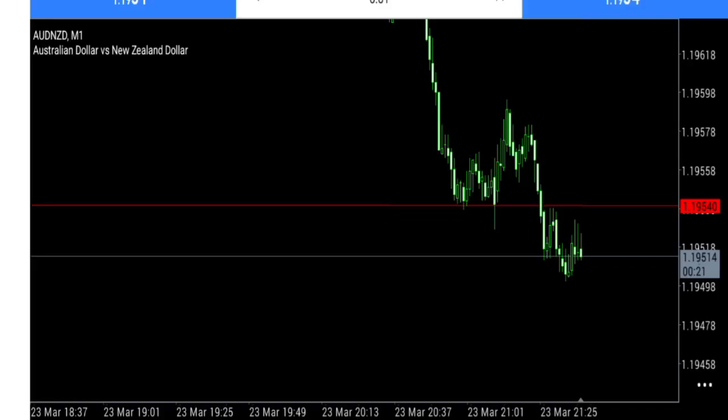So let's just say, if you want to know the difference, just say 40 minus 14, because we're working with the last numbers, right? So 40 minus 14 is 26. Yes. So the spread for this particular pair at this particular time is a staggering 26 pips. That is a lot.